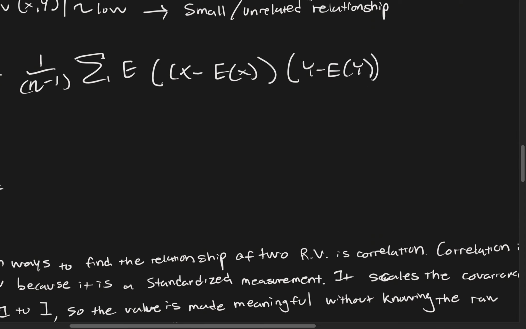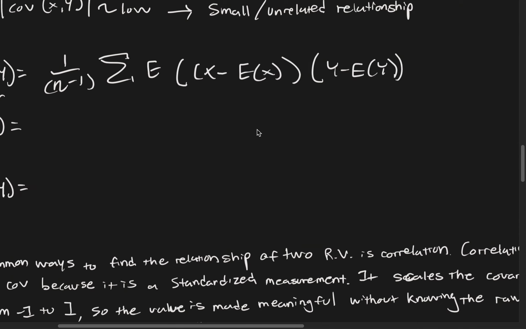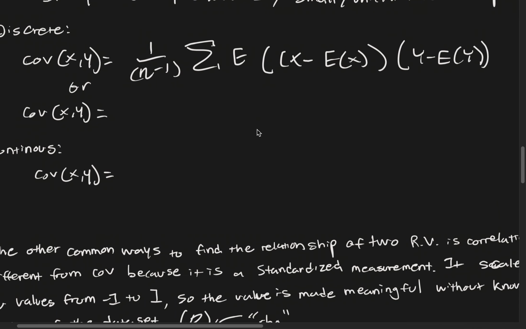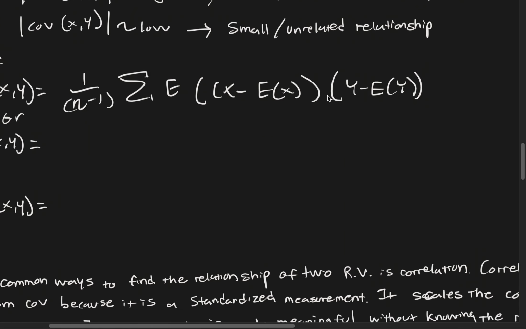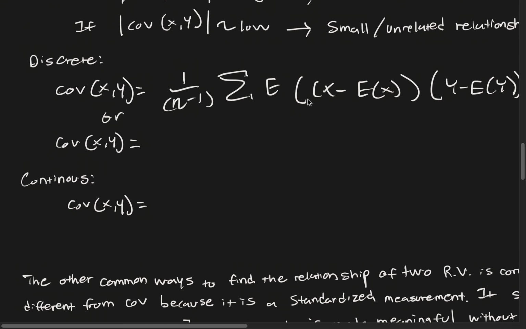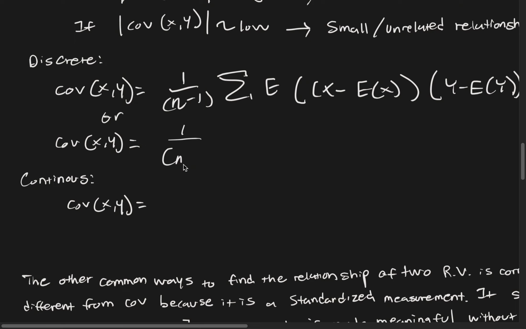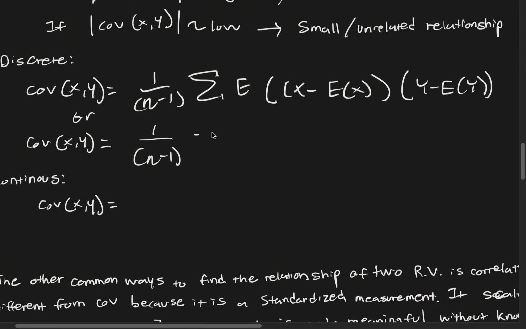So it's kind of similar to the variance formula, except we're not squaring it. We're just multiplying the difference of x and the expectation of x times the difference of y and the expectation of y. Okay. Note that this can also be written in another form, if this is easier for some people.